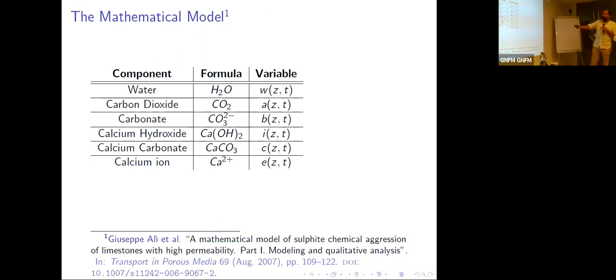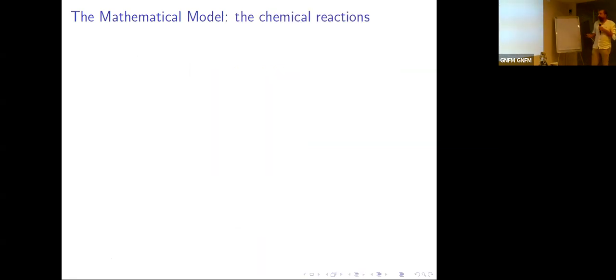These are the six components of the model. So we have the transport of water inside the concrete, carbon dioxide and carbonate that react together, calcium hydroxide, calcium carbonate, of course, and finally calcium ion as the final product of the dissociation of calcium carbonate. So, first of all, let us describe the chemical reactions involved.